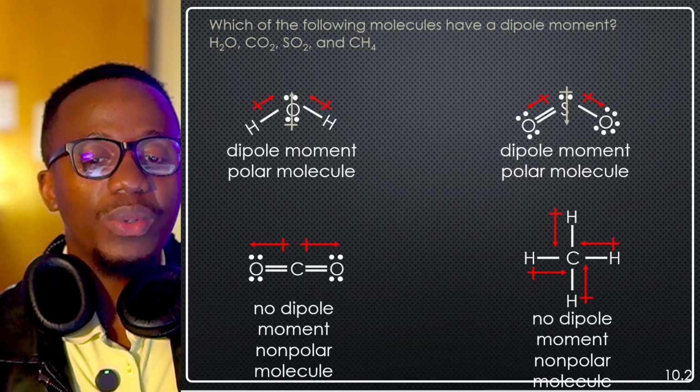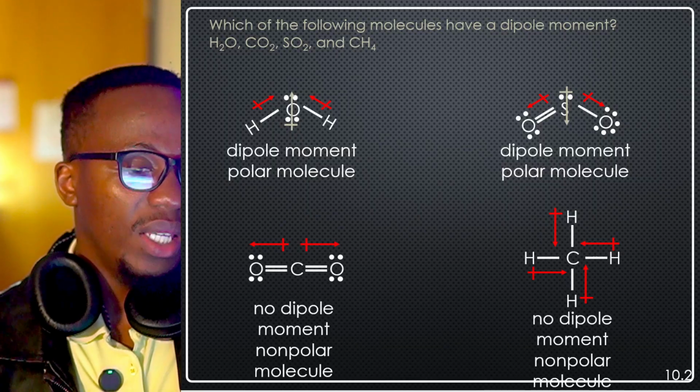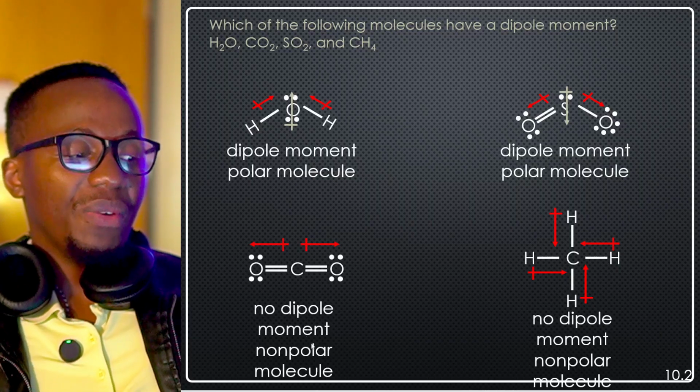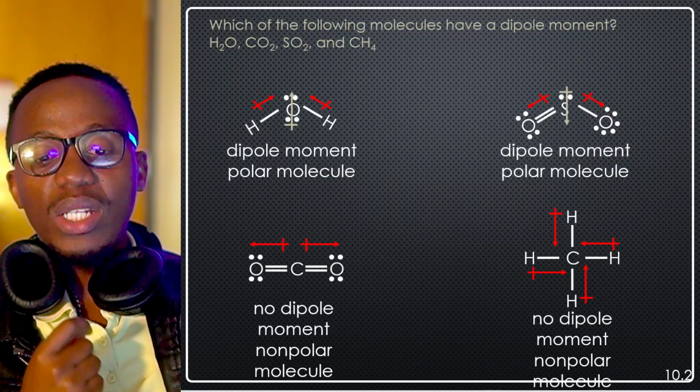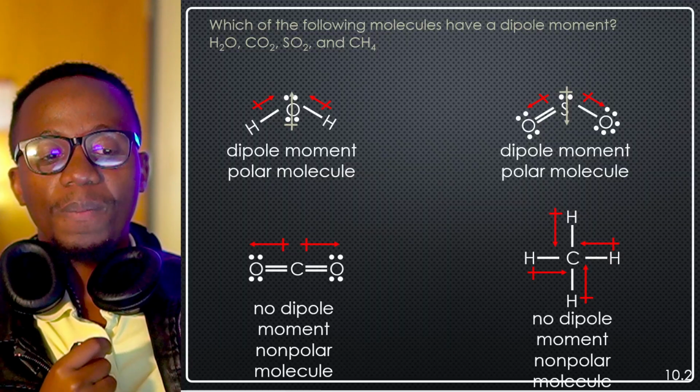But before I move to the next section, guys, I want to give you something very important. Why do we care about polarity? We care about polarity because, did I say that water is polar or non-polar? Do you remember? We talked about why water is polar.